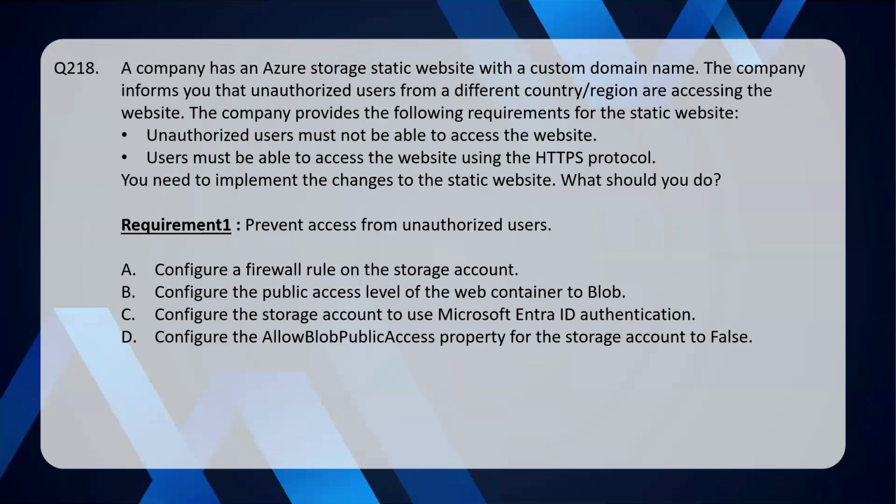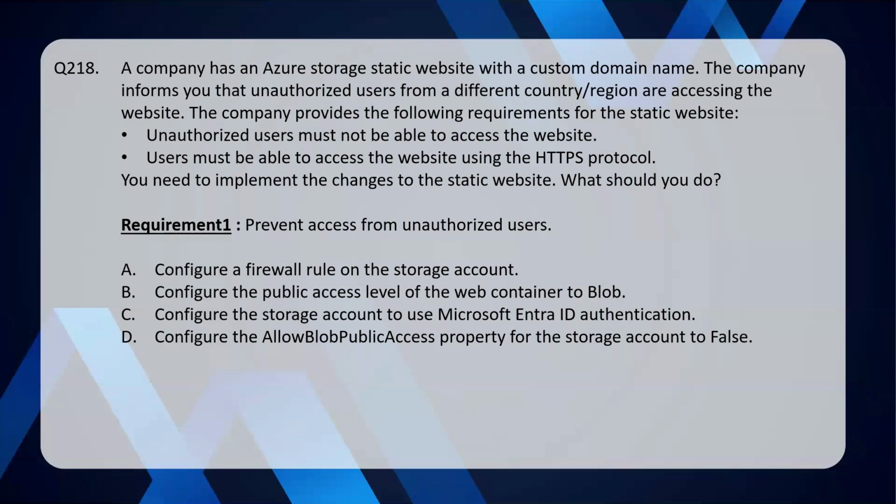Okay, in question number 218, a company hosts a static website on Azure storage with a custom domain. They are facing unauthorized access from another country or region and have the requirements to prevent access from unauthorized users and ensure all access is over HTTPS. You need to choose the correct configuration for each requirement. Now, the first requirement is prevent access from unauthorized users.